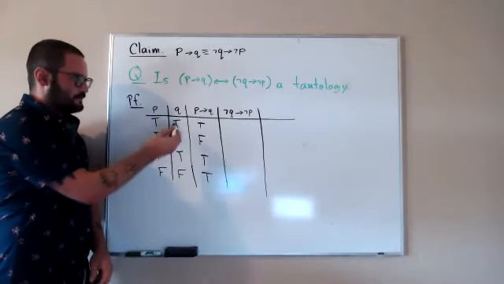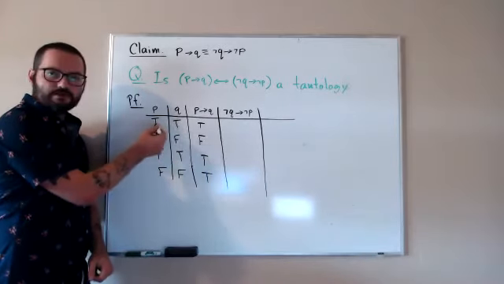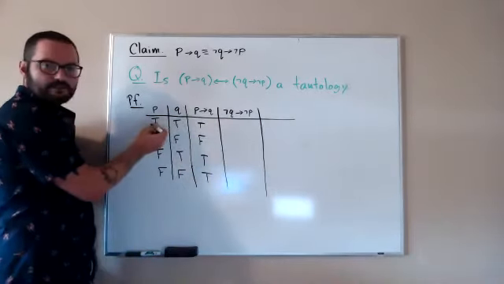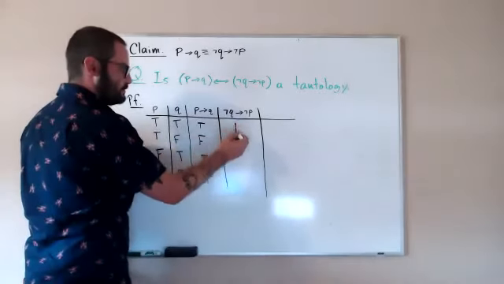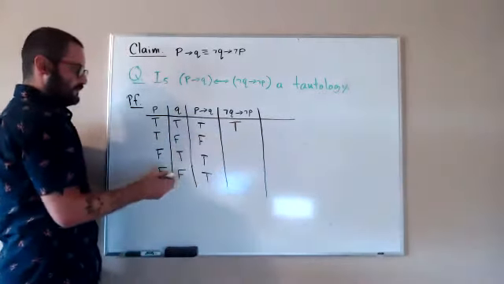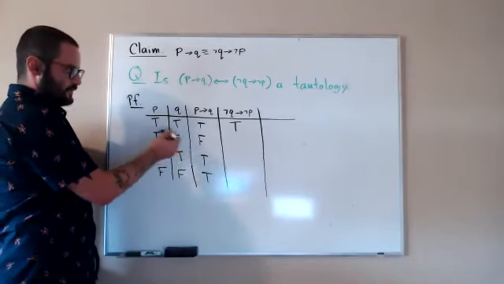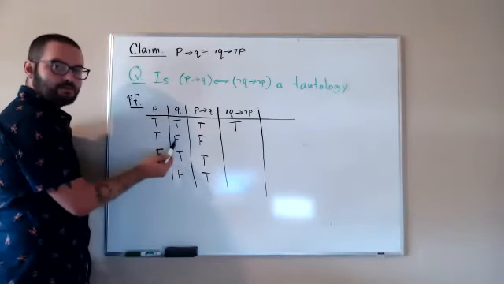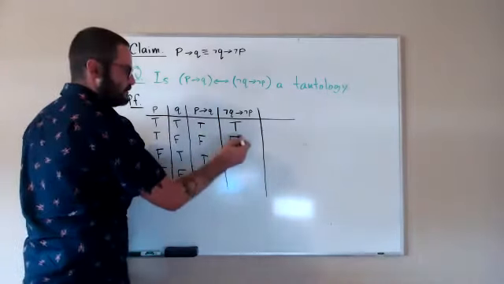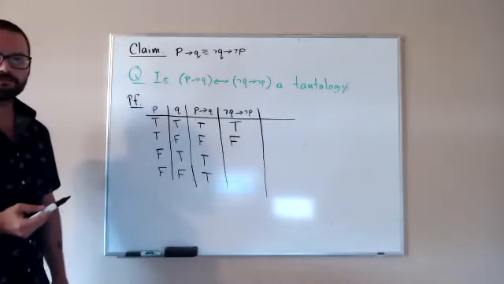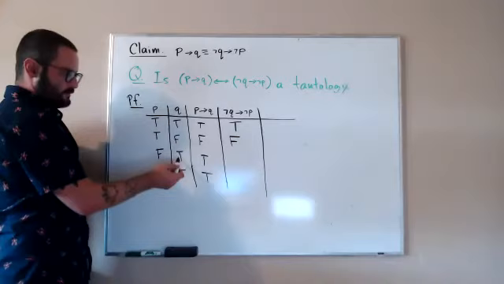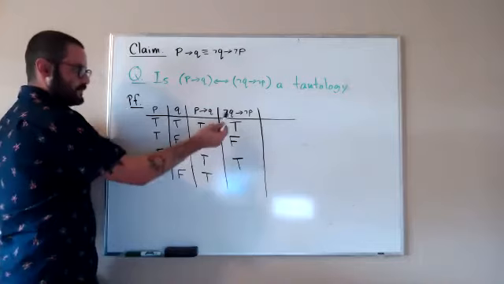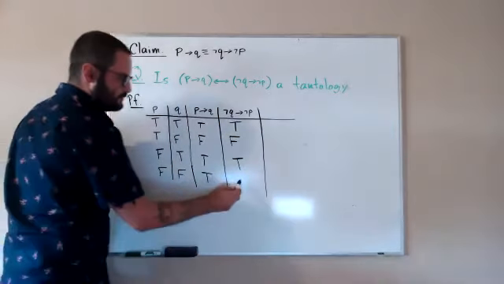Not that is false, not that is false, so my first entry here is going to be false implies false, which is true. My entry here, I negate that implies a negation of that, so it'd be true implies false, false. And then here we have false implies true, true again, and then true implies true.